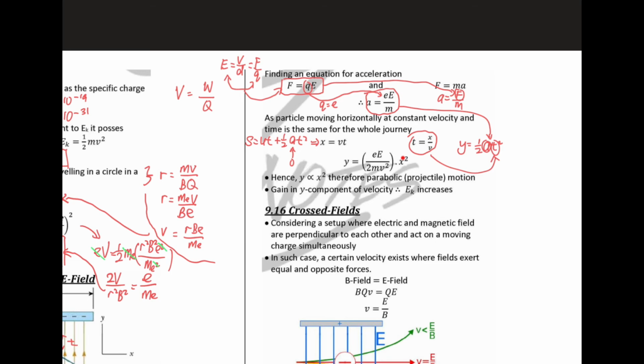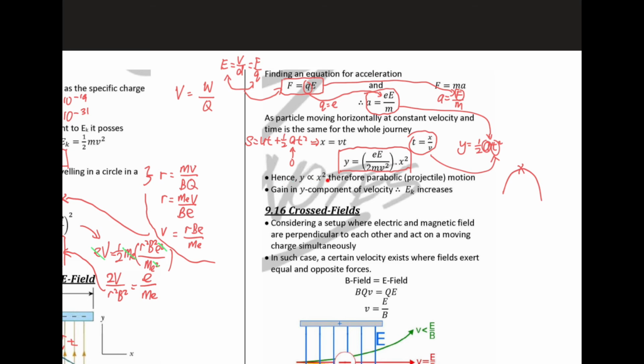So this result has a power 2. It's a quadratic equation, that's why you should expect this is a parabola. This is a parabola, quadratic, right?